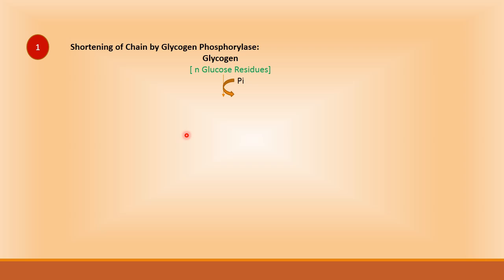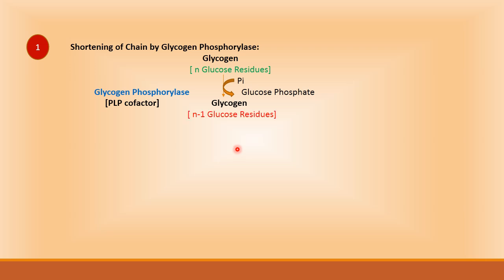Now, when the glycogen phosphorylase acts upon the glycogen, one molecule of inorganic phosphate is added and glycogen is shortened by one glucose residue. If there are n glucose residues, the glycogen that is formed will have n-1 glucose residues, and glucose phosphate is formed as an end product.